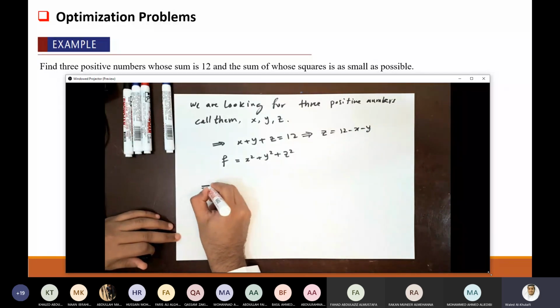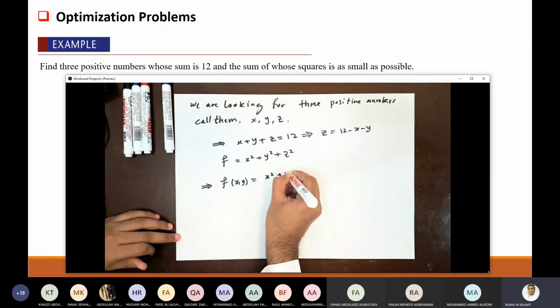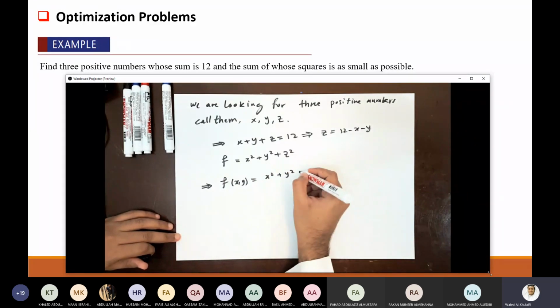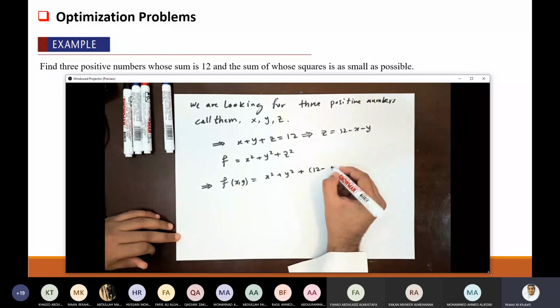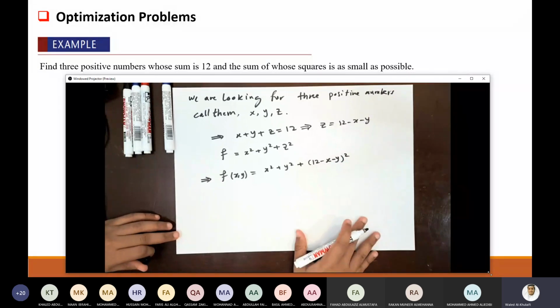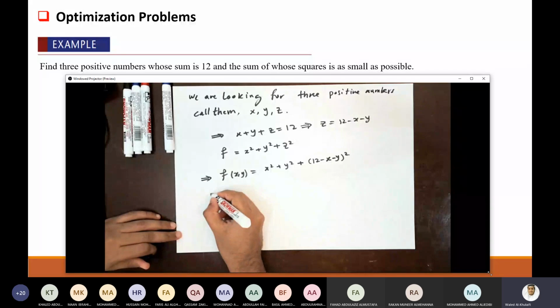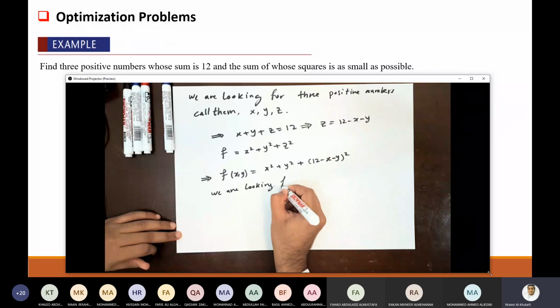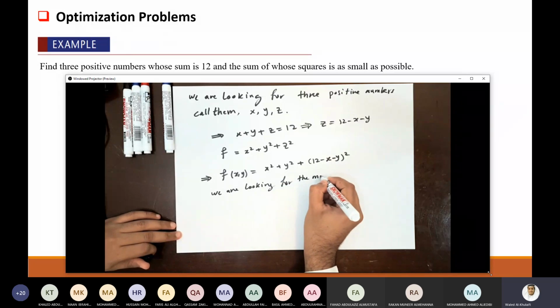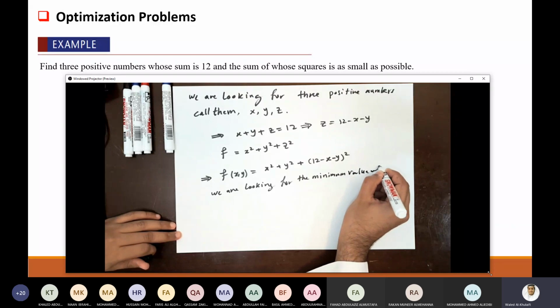So this implies that f, now a function of x and y, equals x squared plus y squared plus, taking this z and putting it here, (12 minus x minus y) all squared. So now this became a function of two variables. We are looking for the minimum value of this function.